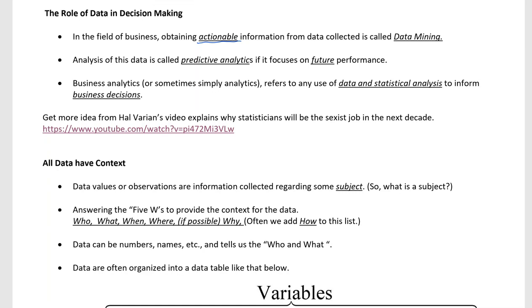Then we call it actionable information, right? Okay. So we say to obtain this kind of useful information from data collected is called data mining. So this is the first definition I want to talk about. We have already seen this in many places, in newspapers, in some other fields, right? But what is data mining? Data mining is just like collecting the useful information from a lot of information to make your decision.